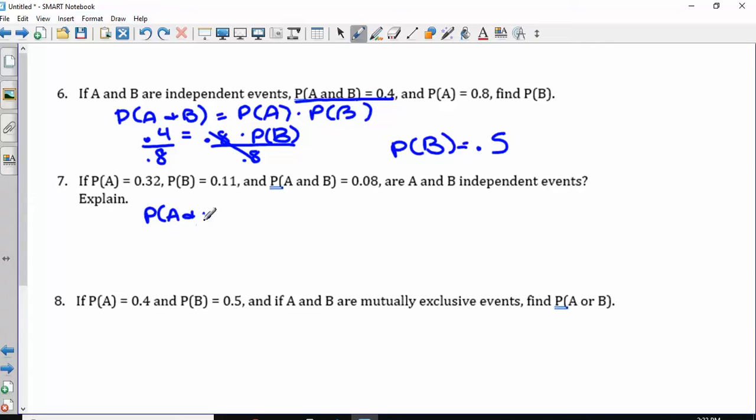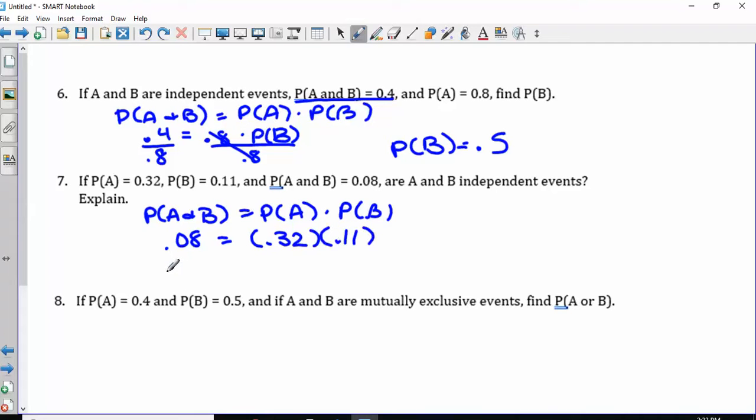So if they are independent, this has to work, that the probability of A and B is just the probability of A times the probability of B. So if I plug in, we get 0.08 equals 0.32 times 0.11. Are those equal? No. If they're independent, the formula has to work. It doesn't work, so they are not independent. They are dependent.